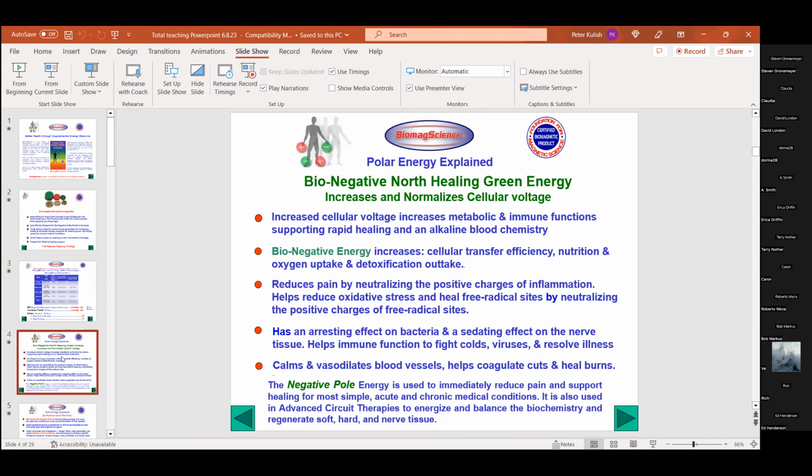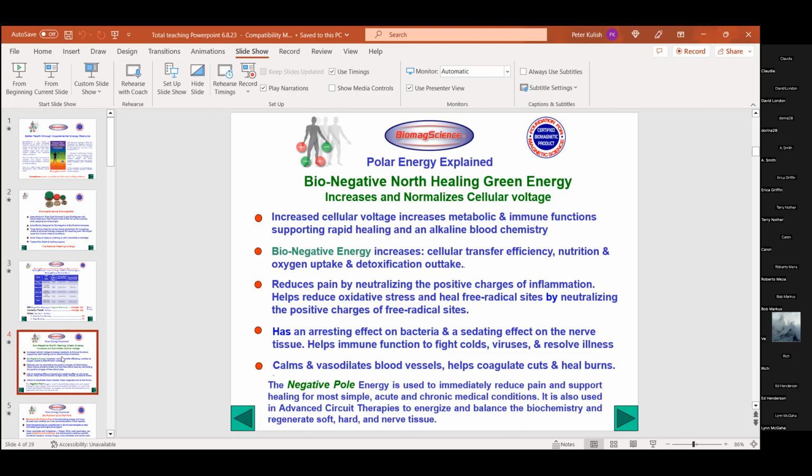The next slide is basically what bio-negative energy does for the body. I mean, let's face it, the cells run on negative energy. The cytoplasm runs about an average of 22 millivolts.